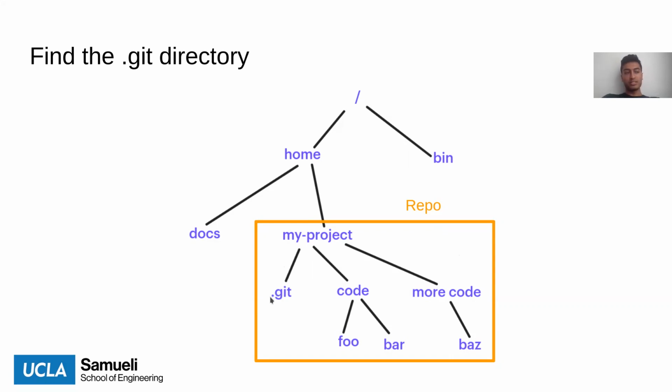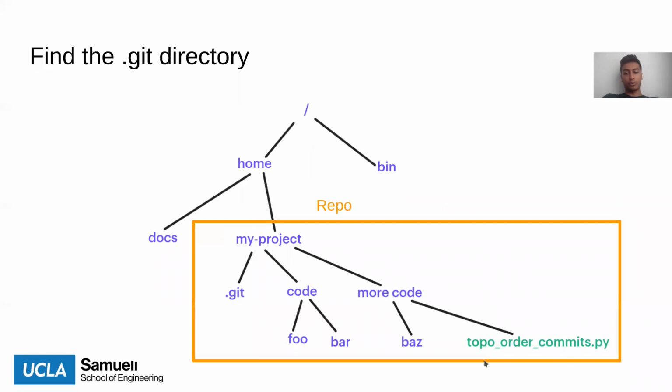So basically, let's say topo_order_commits.py is inside the repo. Then that means if we look in the current directory for .git, and if it's not there, we look in the parent directory for .git, and we keep going until we find a .git. We're eventually going to find a .git because we're inside the repo.